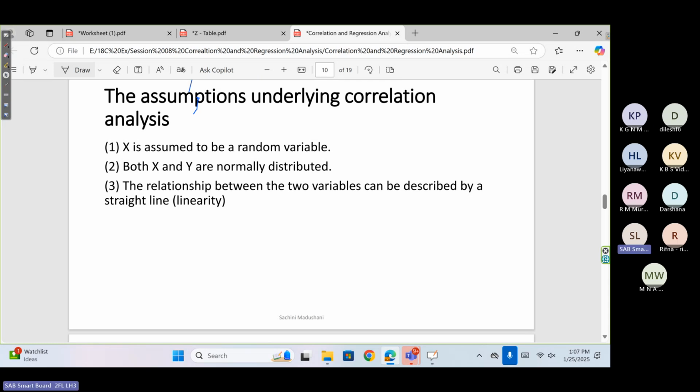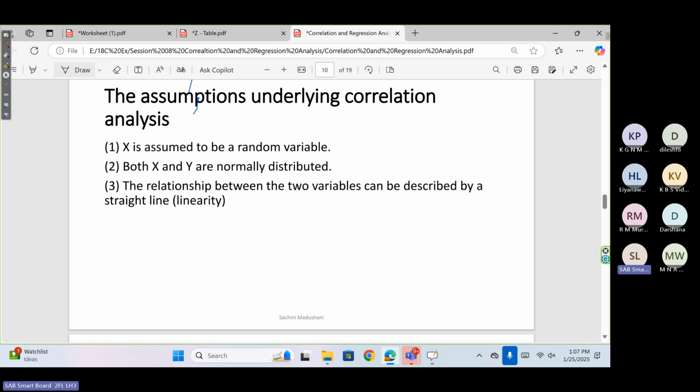In the exam also, I will give that these assumptions are okay, then you can calculate it. If one assumption is violated, you cannot run this correlation. In the exam it is manual, but if we use software, first we need to check these three.